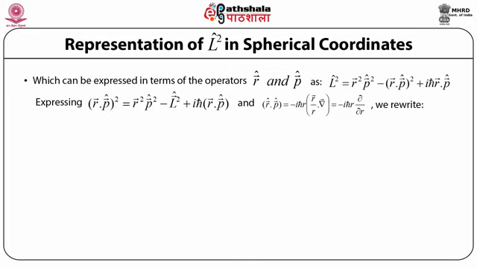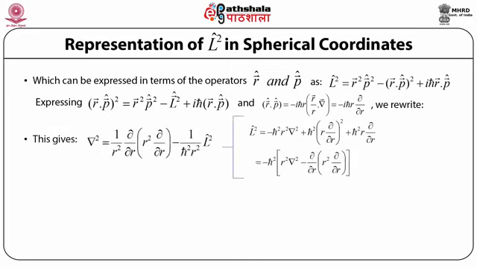We can then rewrite the relation for the operator L square as operator L square is equal to minus h cross square times r square times del operator square plus h cross square times (r times partial differentiation with respect to r) whole square plus h cross square times r times partial differentiation with respect to r.